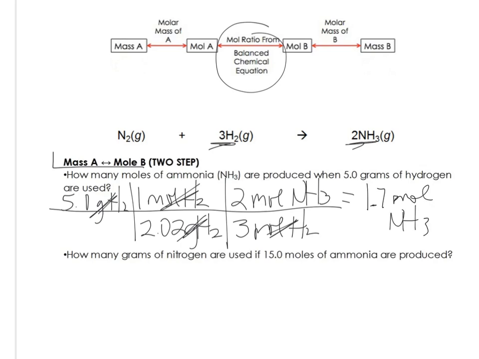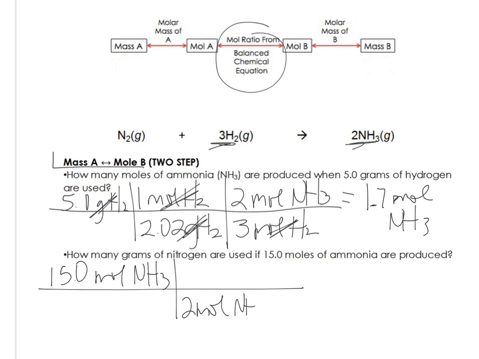Okay, how many grams of nitrogen are used if 15 moles of ammonia are produced? Start with what they give you, 15 moles of ammonia. So now I'm starting with moles, so I can go straight to my mole ratio. For every 2 moles of ammonia, and what am I trying to get to? Nitrogen.